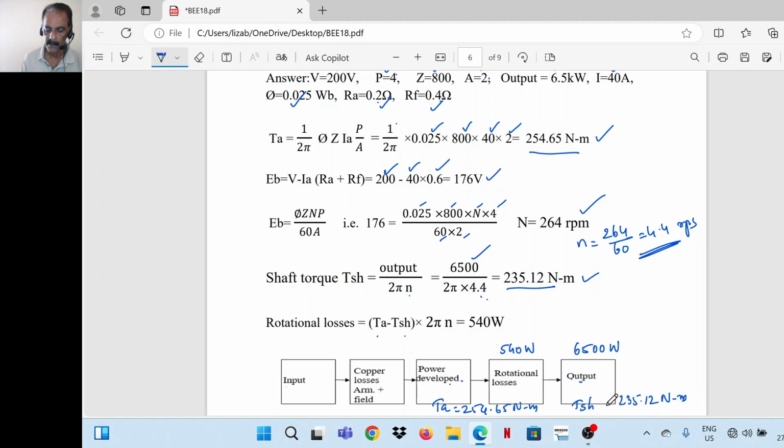The difference between these two is the torque lost due to these rotational losses. This power developed is EB into IA. That is EB, we know the value of EB, 176 into IA, which is 40. 176 into 40 is the power developed in watts.